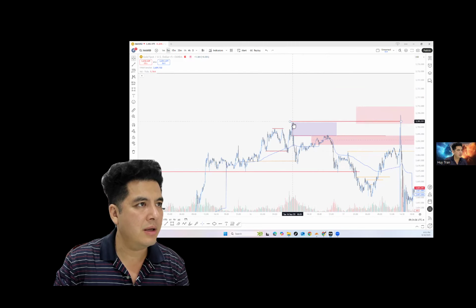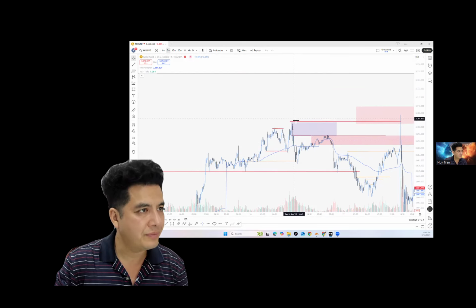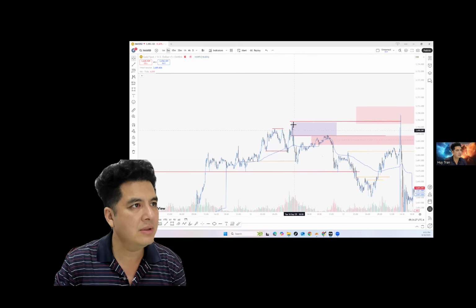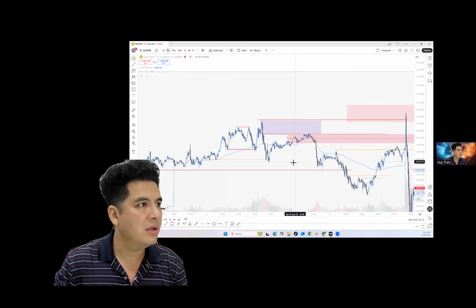And then again, it took liquidity and went down. Took liquidity and then break of structure. So low, low, high, retracement, continuation. There you go. After you pass that, that's done. And this leg coming down will be hard to say how this move is about.